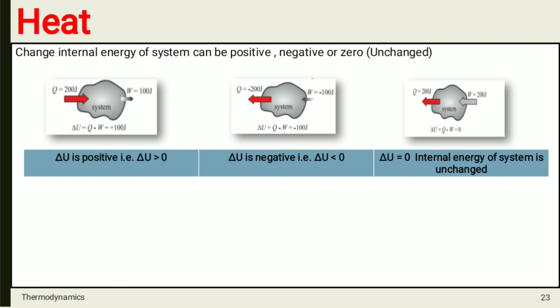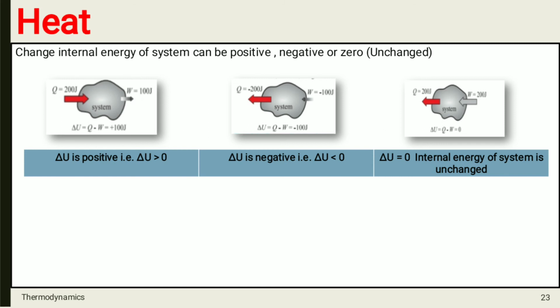So, delta U is equal to minus 200 minus 100. So, you will get the change in internal energy of the system as minus 100 joule. So, here delta U is negative, that is, less than 0.